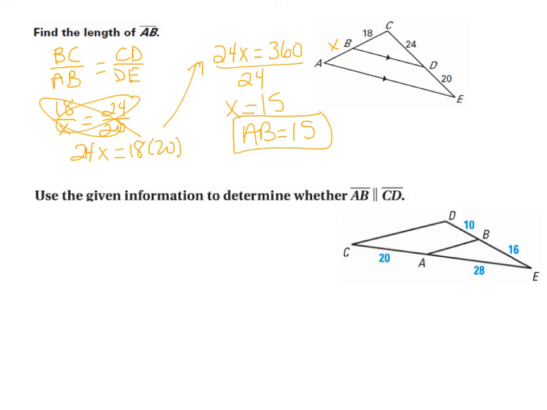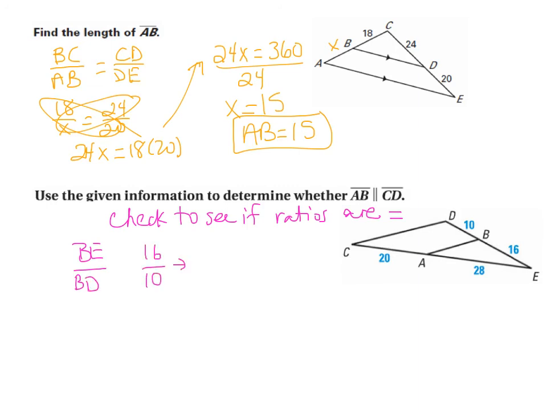Next, for this last one, it's not asking me to solve for anything, but it is asking me, are they parallel to each other? So it's kind of like that shoe shelf one that we did earlier to see if the ratios are equal. So I'm going to set up my BE over BD. So that would be 16 over 10, which reduces to 8 over 5.